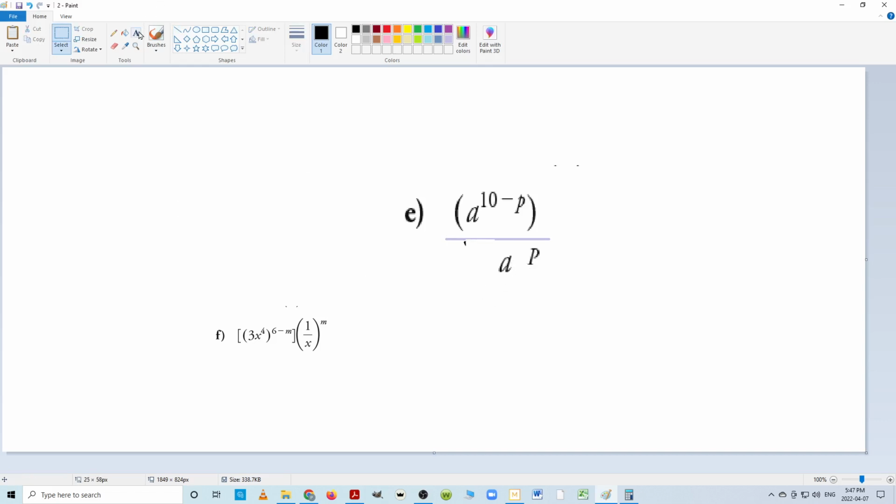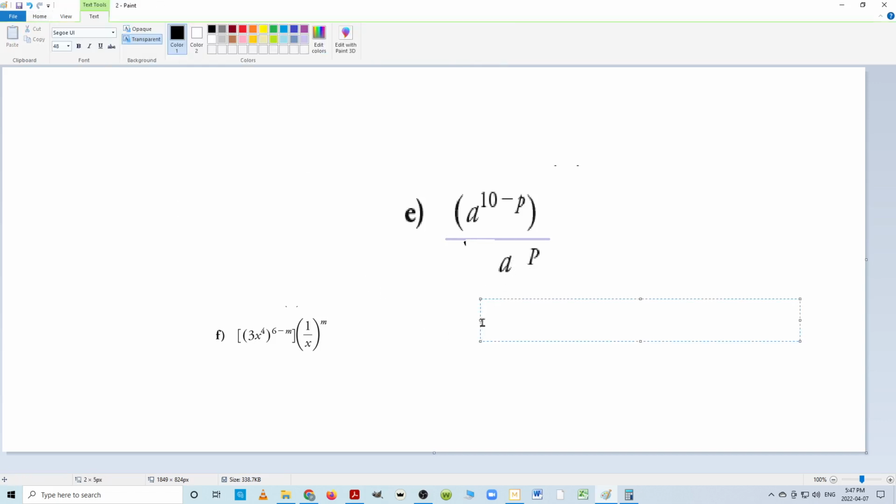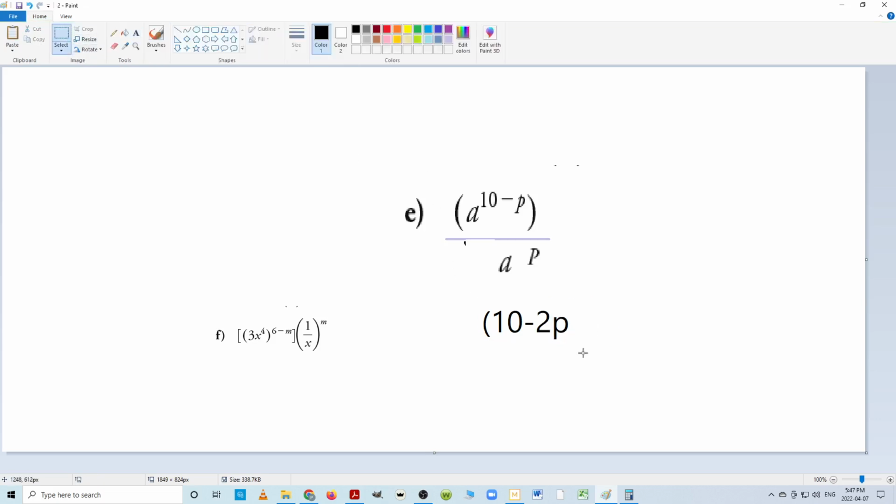So you do the same thing. You do 10 minus p up top minus p. It's the rule, so it's minus 2p. So the final answer is a to the power of 10 minus 2p. And it doesn't get simplified any more than that. That's the final answer right there.